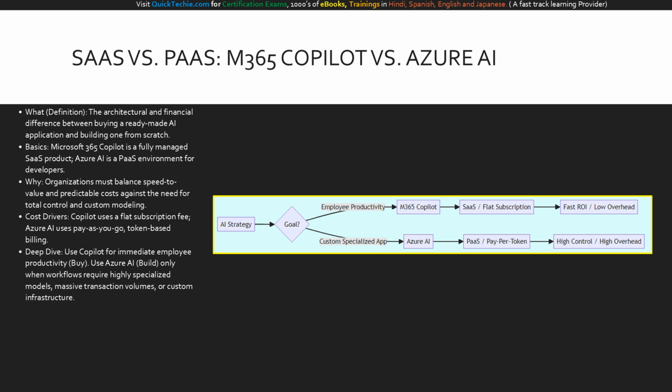This is a SaaS solution with a flat subscription, resulting in fast ROI and low IT overhead. If your goal is a custom specialized app like a proprietary financial risk model, you route to Azure AI. This is a PaaS solution with pay-per-token billing, offering high control but demanding high overhead. Mastering this distinction prevents massive budget overruns and misaligned technology choices.